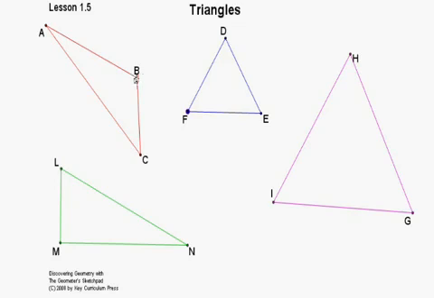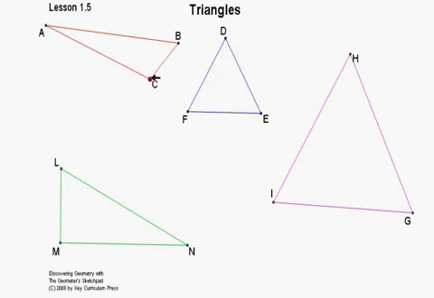The other thing to notice is a scalene triangle. A scalene triangle is a triangle with no congruent sides. If I move this in and maybe over like that, I have three different lengths of sides. One's really short, this one's definitely the longest, and side AC is the middle size.